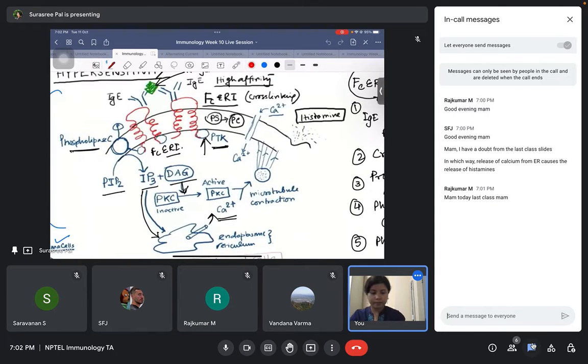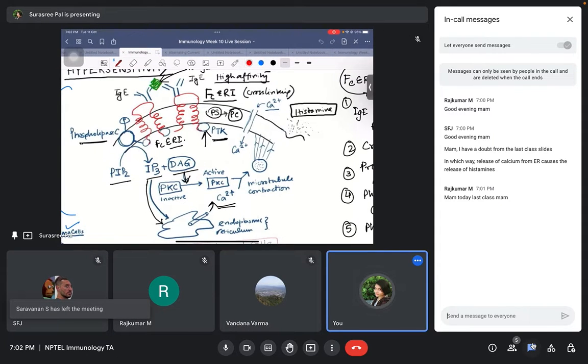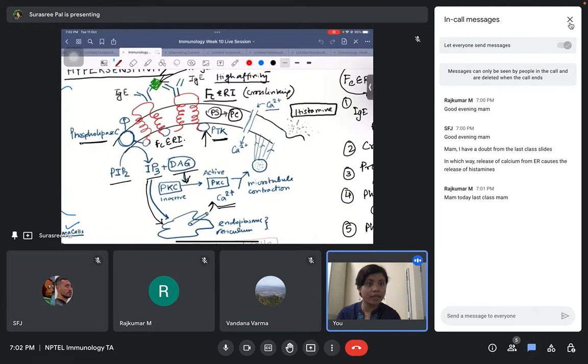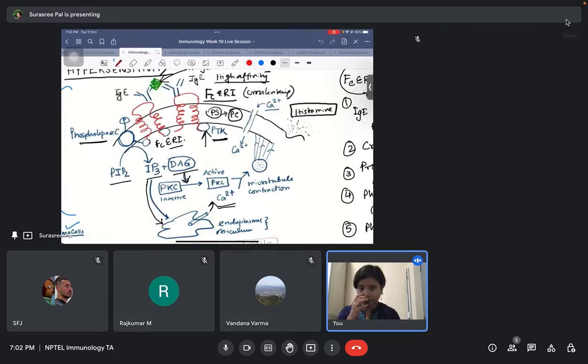So I told you about PKC, the protein kinase C, and also the role of IP3 to release calcium from the endoplasmic reticulum, right? And if this calcium is released, then what does it help in? It helps in the contraction of the microtubules inside the cell.